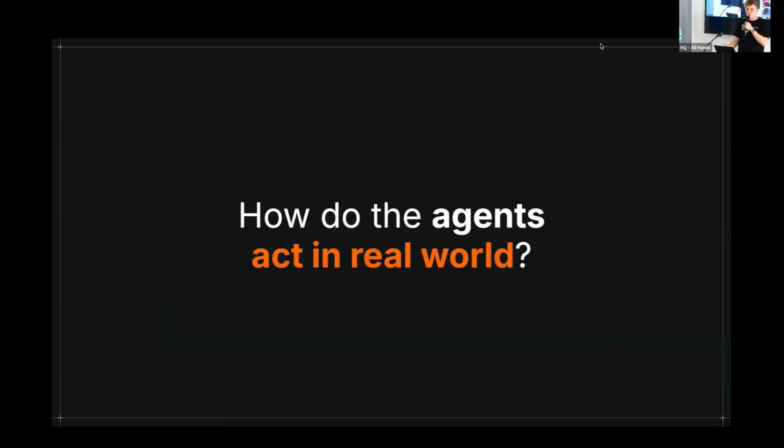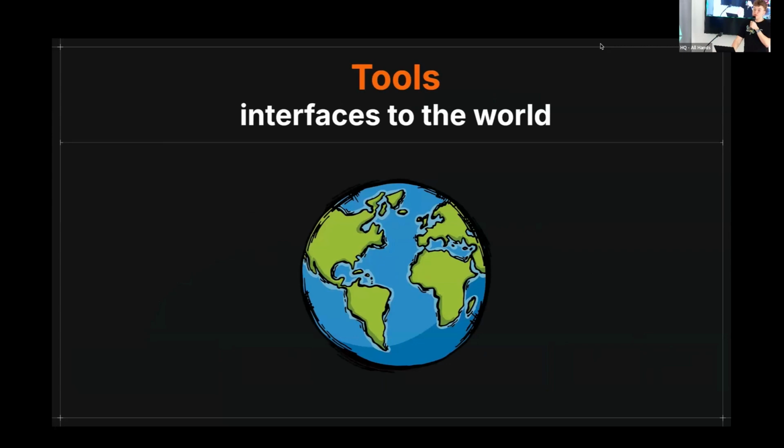So, how do agents act in the real world? As I said, the agents would need to work with Google Maps, or ordering tickets, or ordering shoes, buying tickets, etc. These are things that are already here, and the agents need to get access to them and work with them. So, how do they do it? They use tools. Tools are the interfaces to the world of internet as we have today.